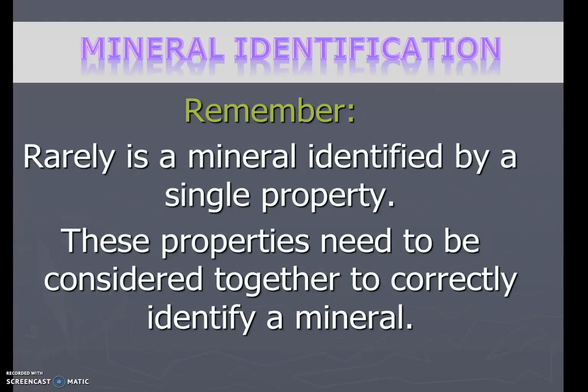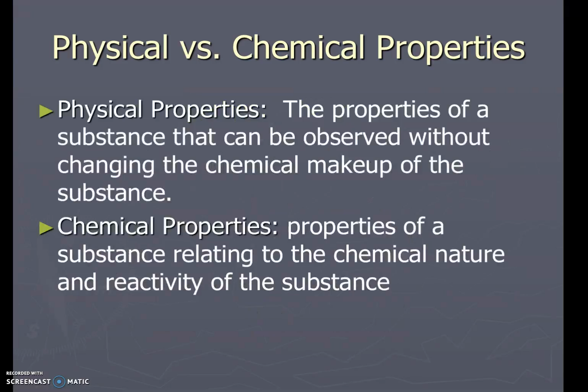So one important thing to remember as we talk about identifying minerals is rarely can you identify a mineral by a single property. The properties we're going to talk about today need to be considered together to correctly identify a mineral. So the first thing we're going to talk about is physical versus chemical properties. Physical properties of a mineral can be observed without changing the chemical makeup of the substance.